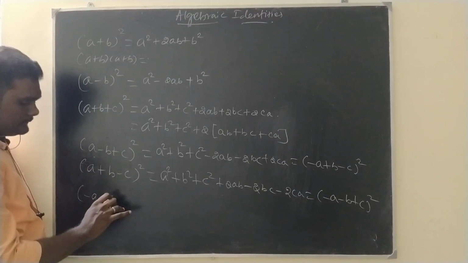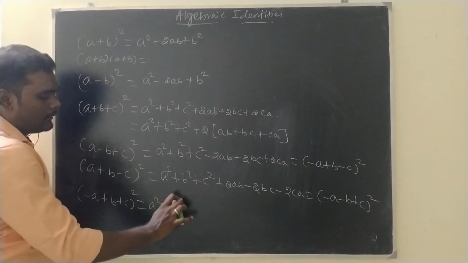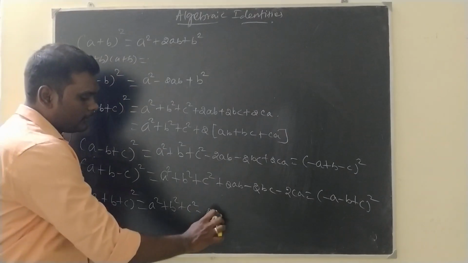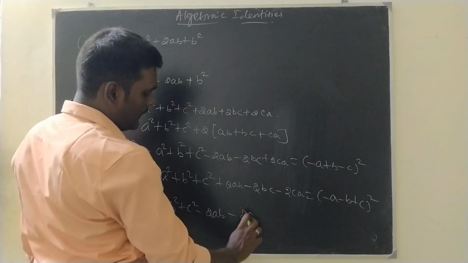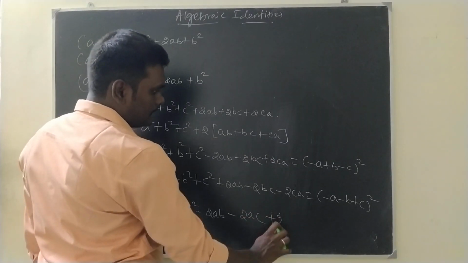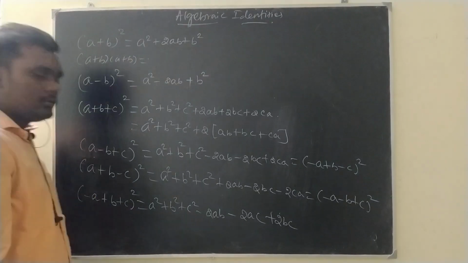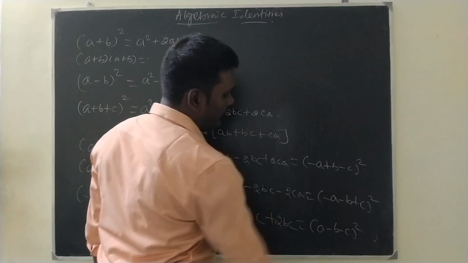So minus a plus b plus c: we have a square plus b square plus c square minus 2ab minus 2ac plus 2bc, and that is equal to the other one, a minus b minus c whole square.